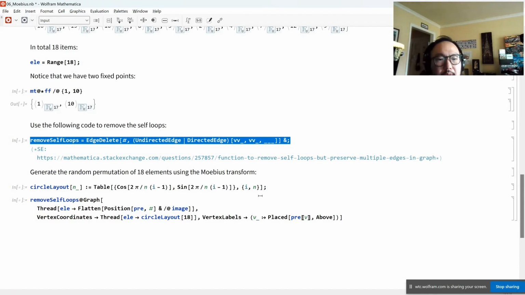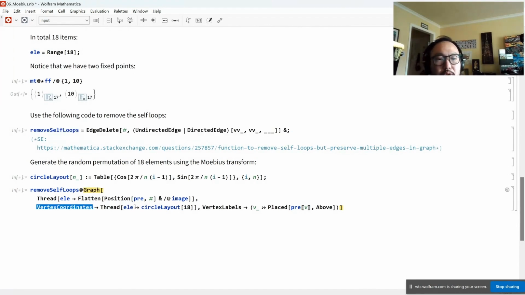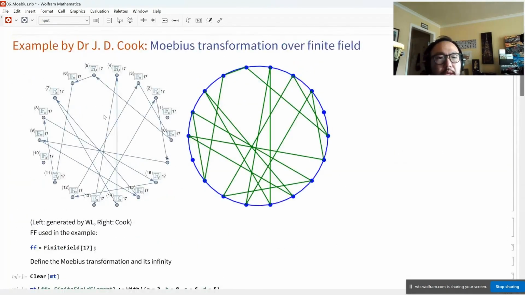Then you just need to specify the layouts, and use the vertex coordinates to specify how these elements point to their actual coordinates on the circle. Okay, so this will generate this diagram for you.